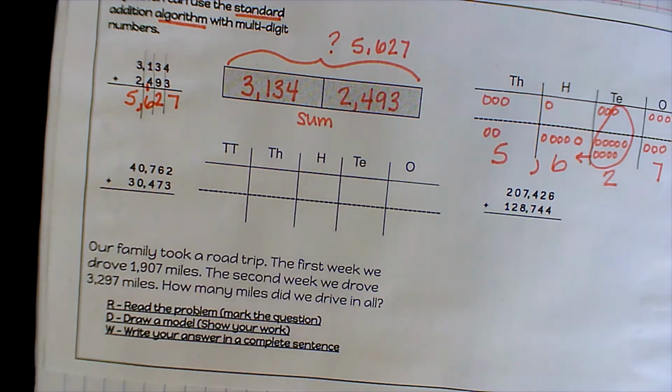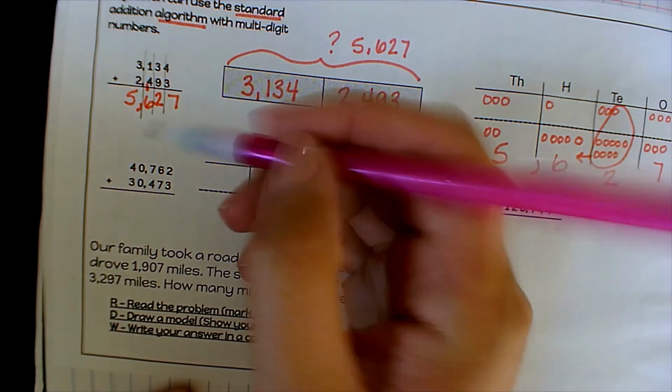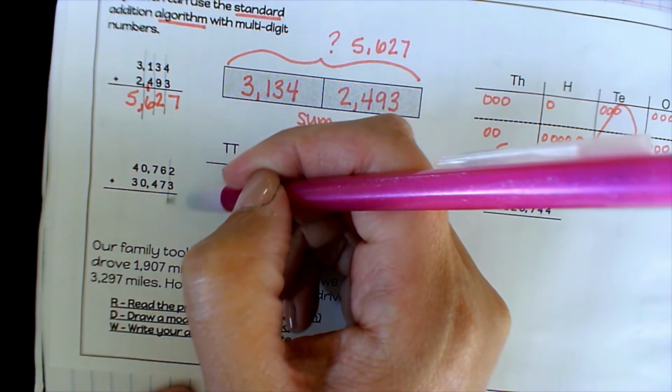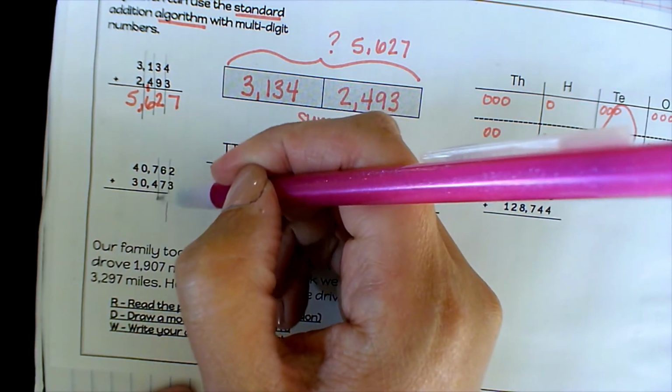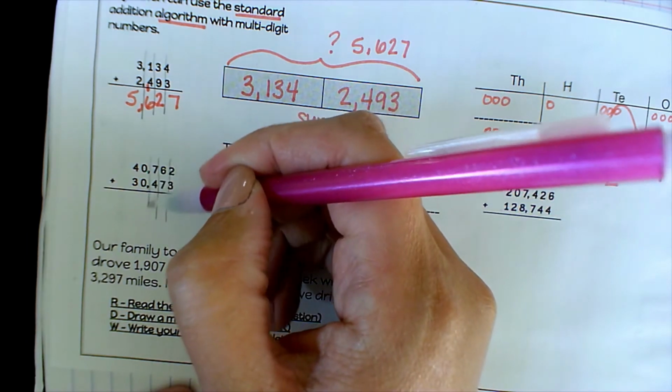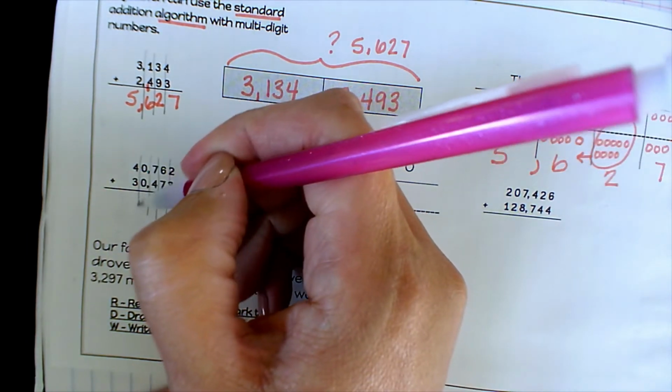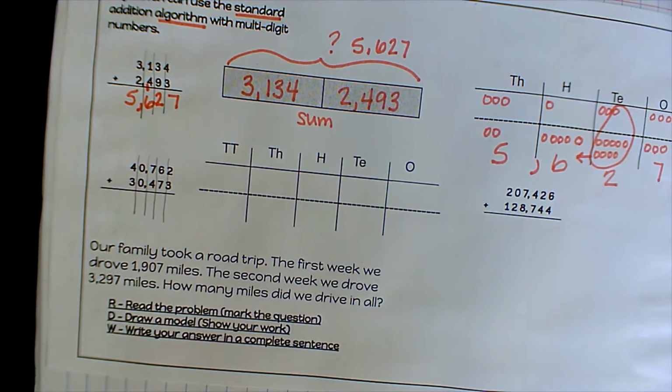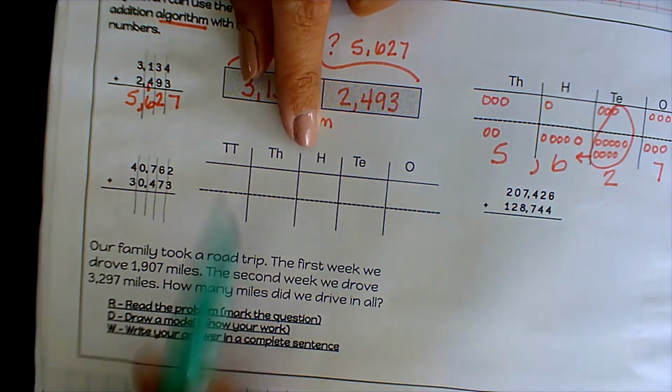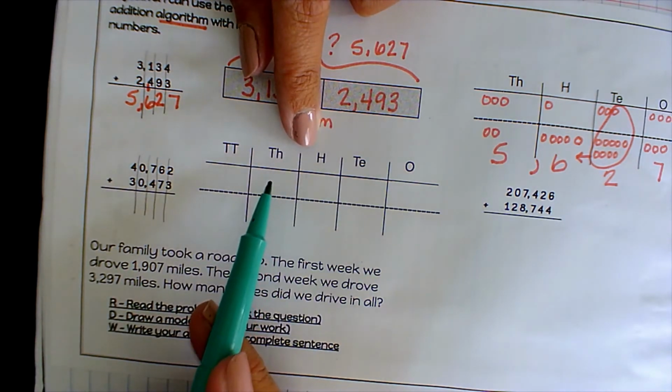So let's practice another one, friends. And this time we're going to work into the 10,000s. But before I even start with my standard algorithm, I'm going to draw those light lines between each place value so that I can keep them straight. Now this time you'll notice there's no bar tape diagram. We're just going to do our place value chart.